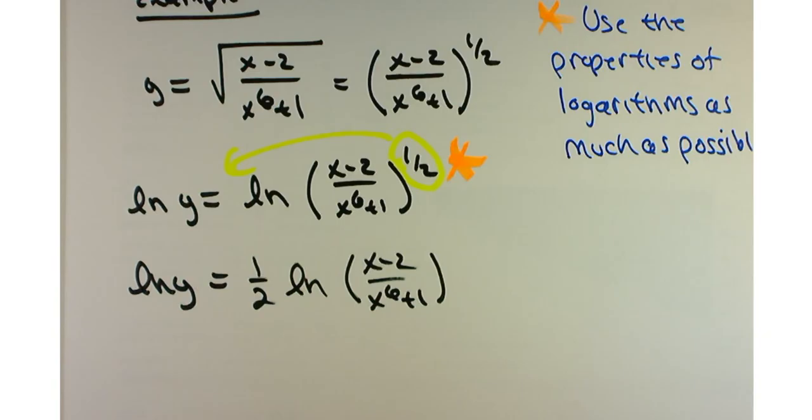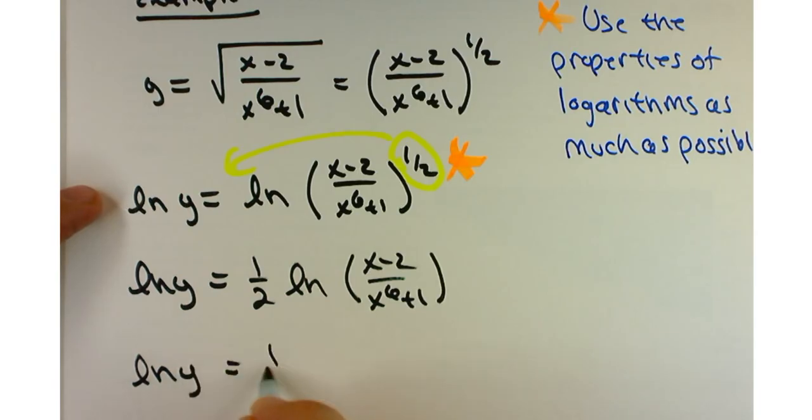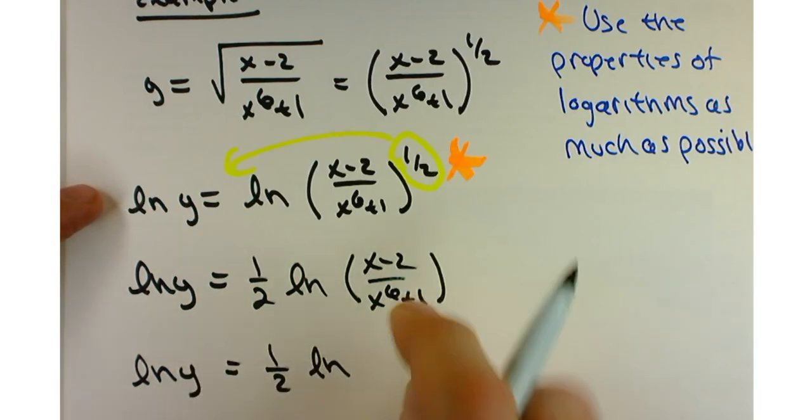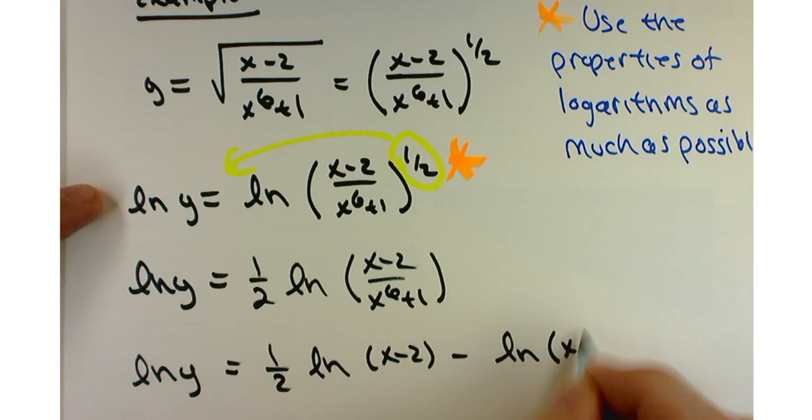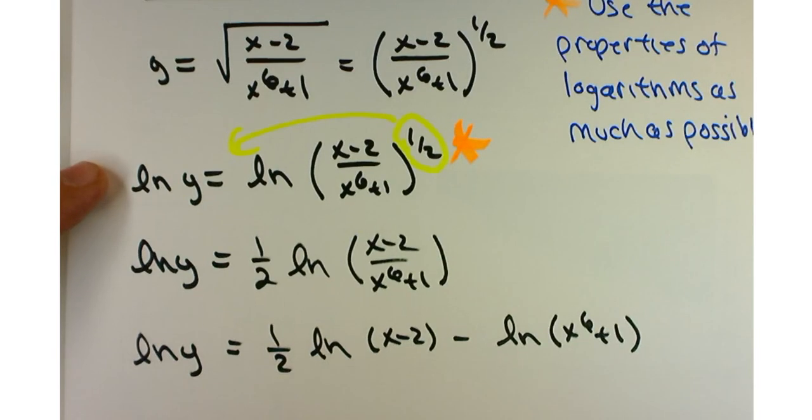Now I can use the quotient rule. Let's see if you guys can catch my mistake. 1/2 ln, so it's going to be log of the numerator minus log of the denominator. So just the quotient rule there.